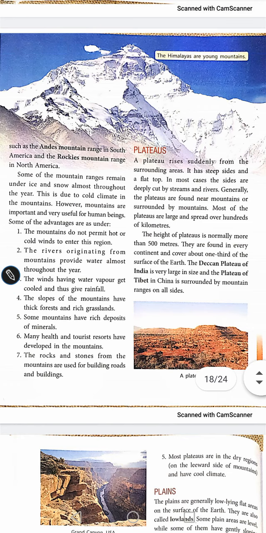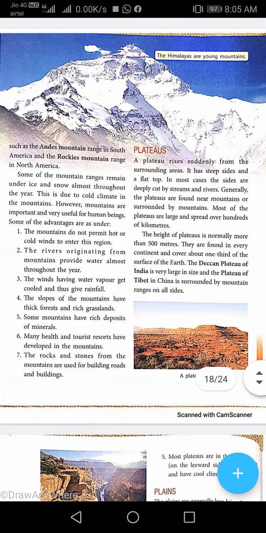Look at this photo. Suppose we are living here. The hot air comes from this side and will get stuck at the mountains, so it will not reach our side, because hot air rises up.